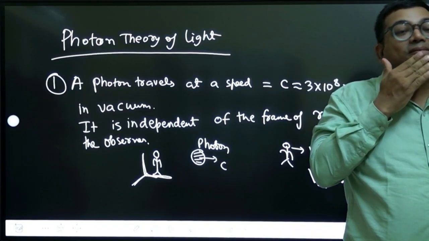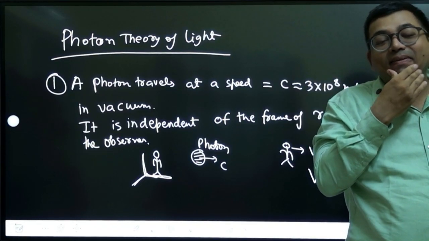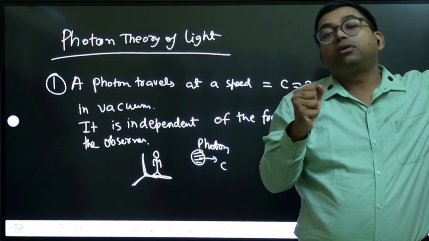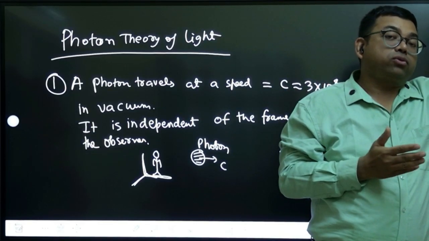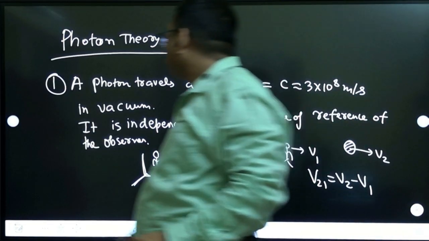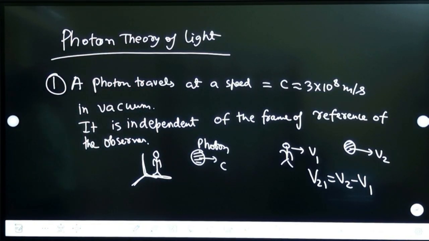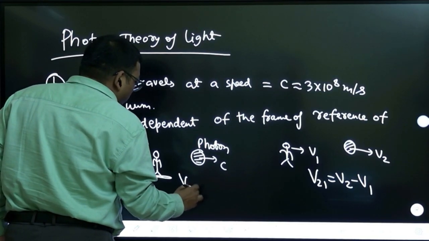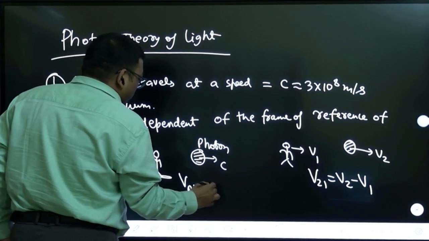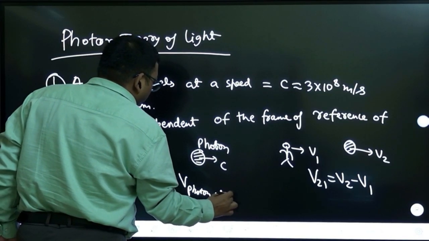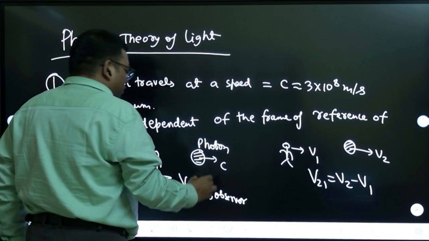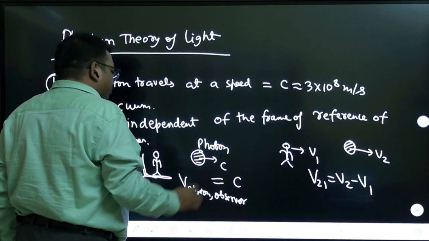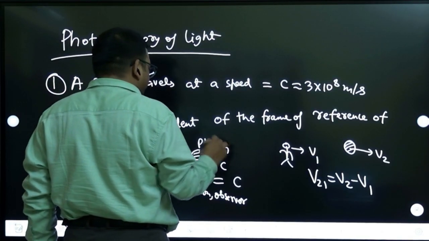We cannot say it is actually a particle, although we can consider it as a photon, but it does not behave like a particle. So the velocity of photon with respect to the observer is always going to remain c only, assuming light is moving in vacuum.